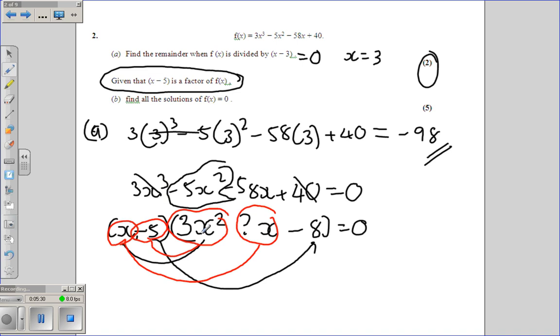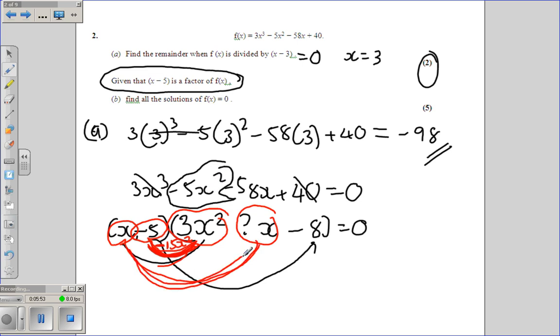So from here, 3x squared times the minus 5 gives us a total of minus 15x squared. Now we need to have minus 5x squared, so that means we need a positive 10x squared from this remaining bit.